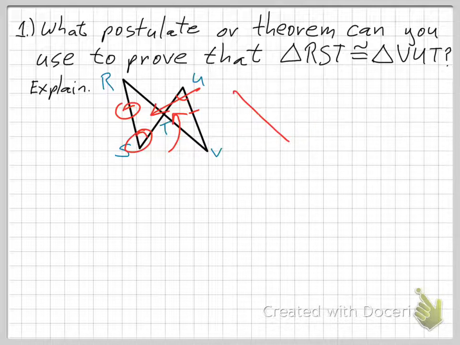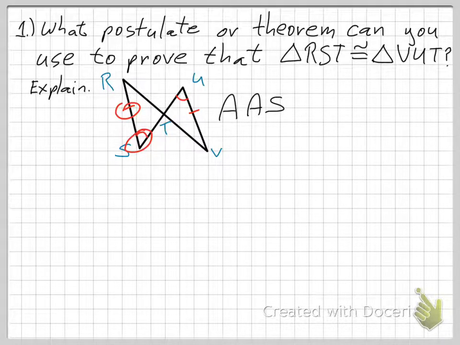So this angle is congruent to this angle because they are vertical angles. Okay? So that is angle, angle, side. So what postulate or theorem can you use to prove these two triangles congruent? Answer: angle, angle, side.